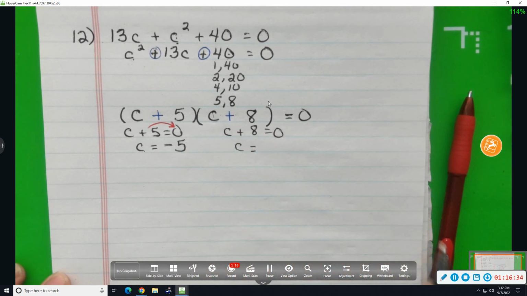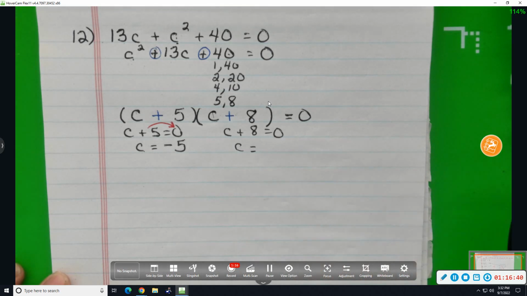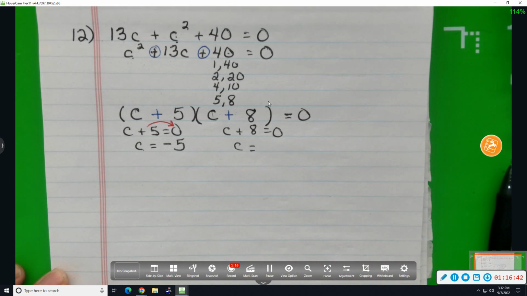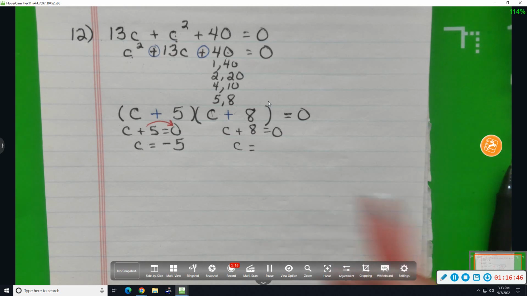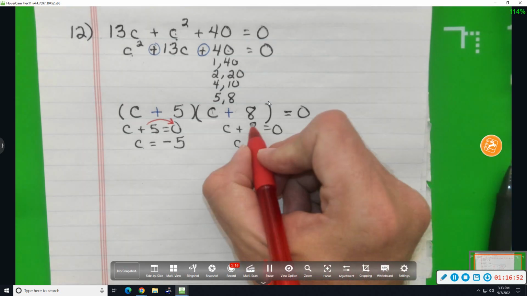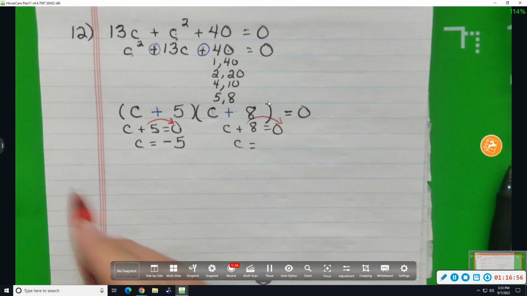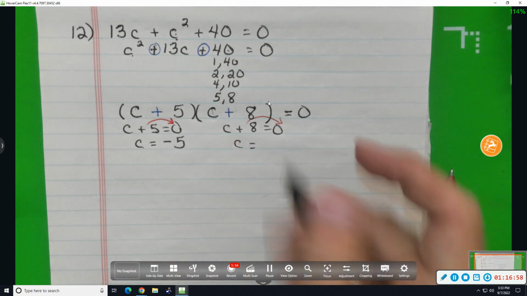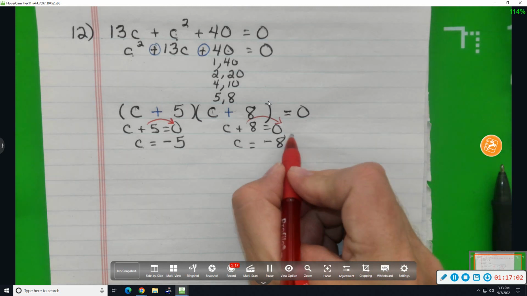Sometimes students ask, do I have to show all those steps? And my answer is always the same thing. Your goal and my goal are different. Your goal is to get the answer as quickly as possible in as few steps as possible. Imagine if that were my goal up here. Imagine that. Oh, wow. My goal is to try to show my thought process. So subtract 8 from both sides. So negative 5 and negative 8.